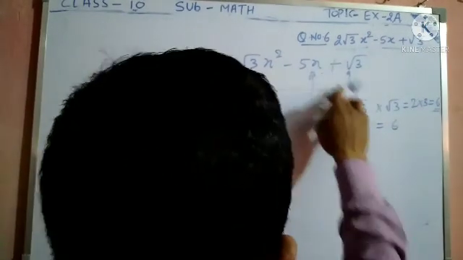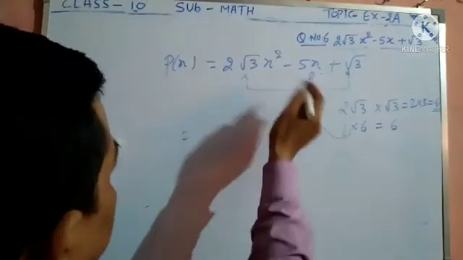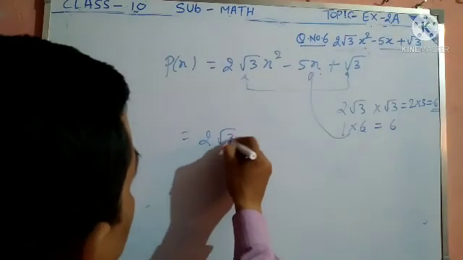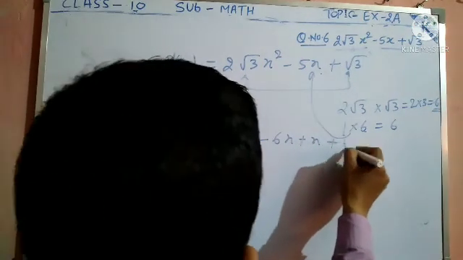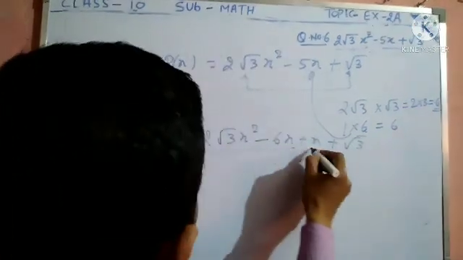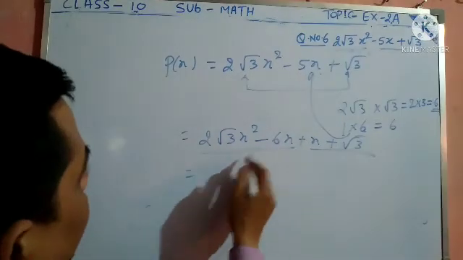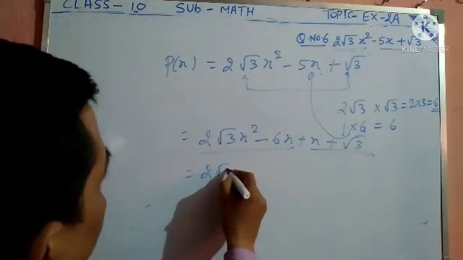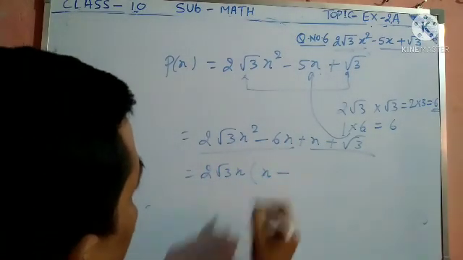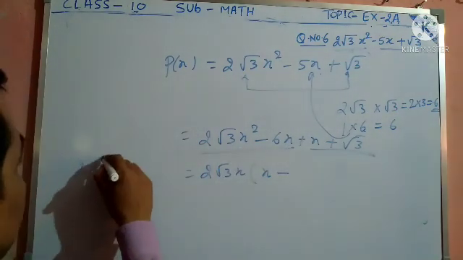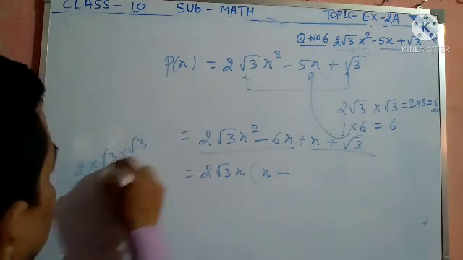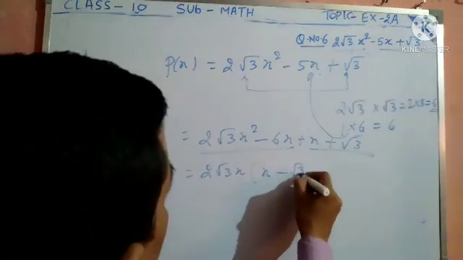Putting this equation in factorization, we write 2 root 3 x square minus 6x plus root 3.